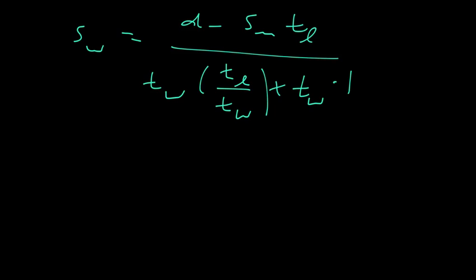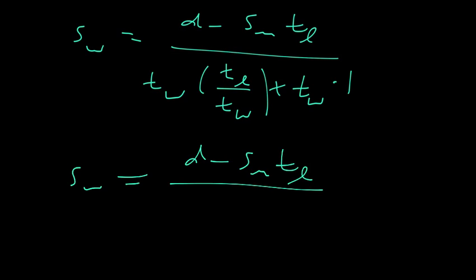So then the speed on the winding road is going to be S_W equals D minus S_m T_L over T_L plus T_W, because these T_Ws cross out.